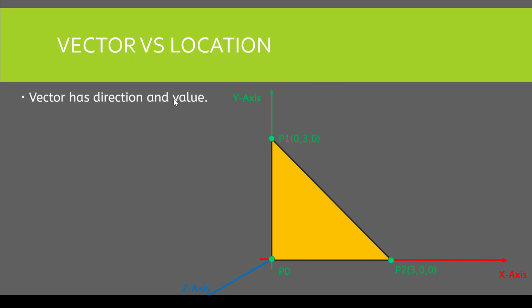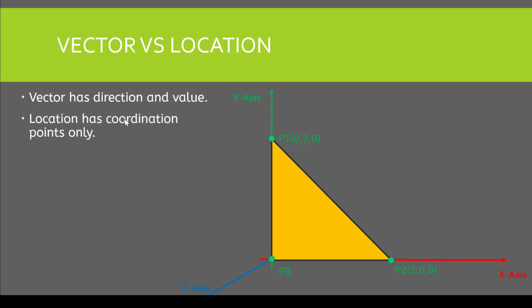It's very important just to remember vectors have direction and value, but no specific location. So when we say the word vector, we should always remember there is direction and there is value, but no position.